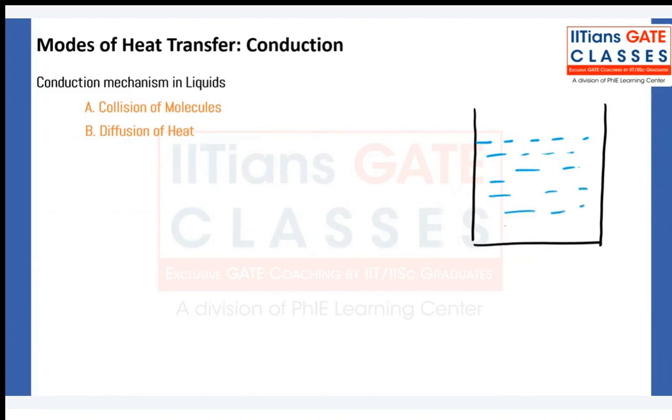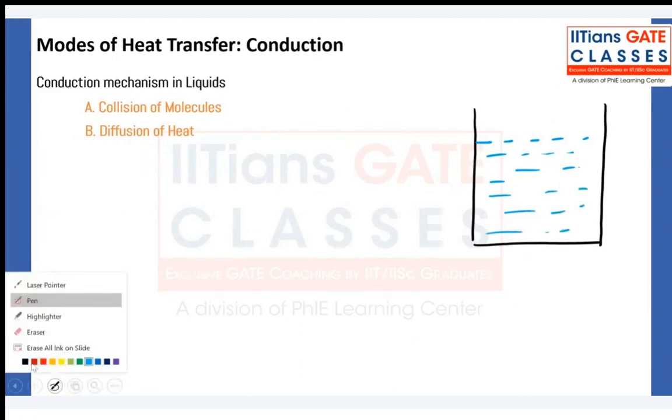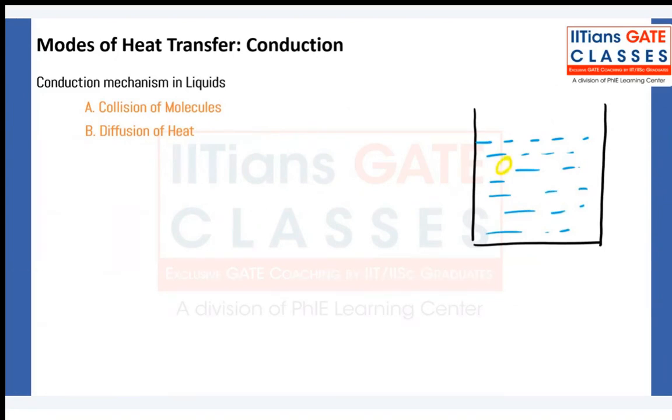Even if it is water, it will have some molecules, right? But these molecules are farther apart. In solids, they are closer. In liquids, the molecules are farther apart than in solids.